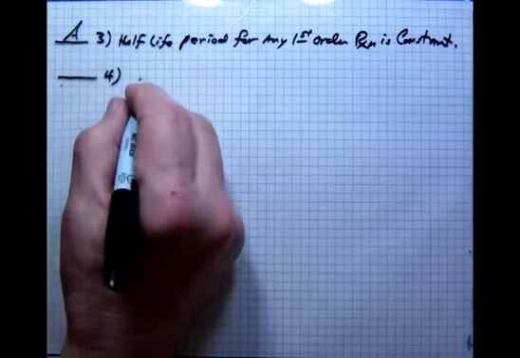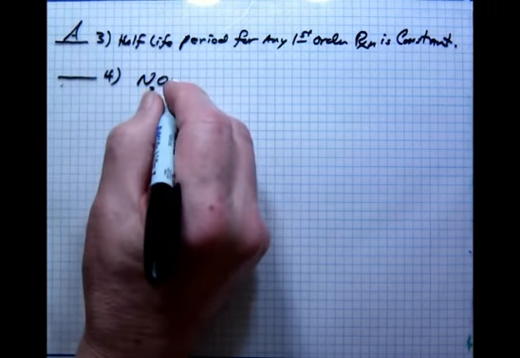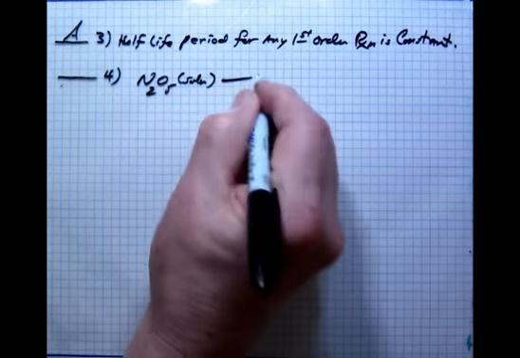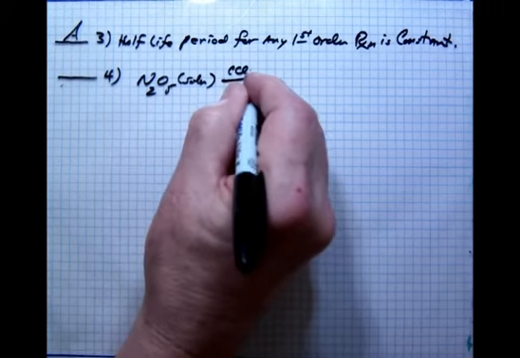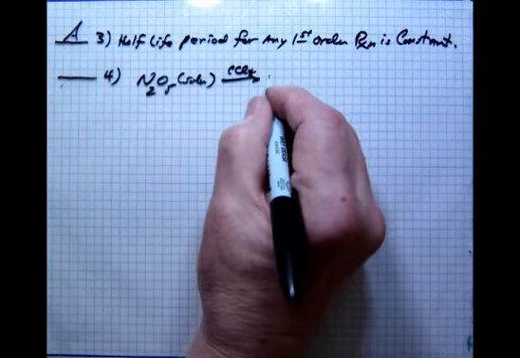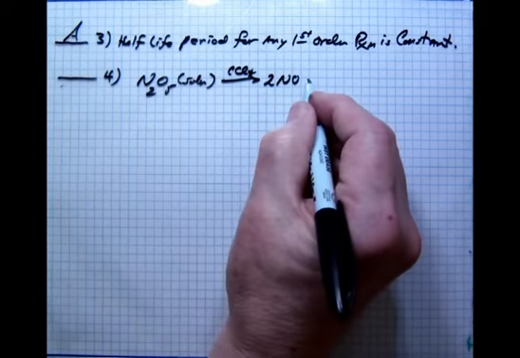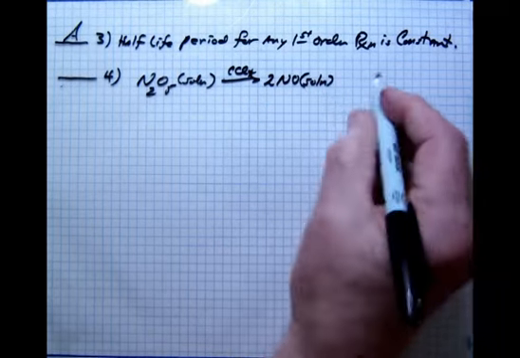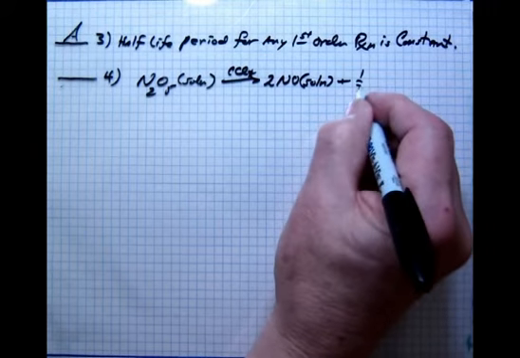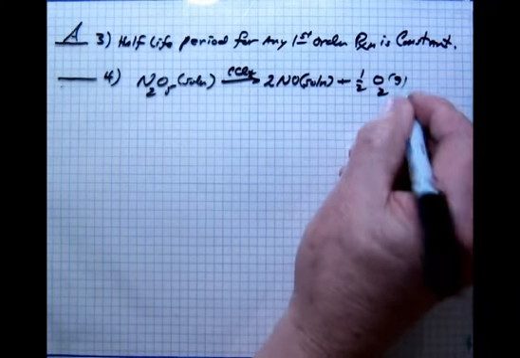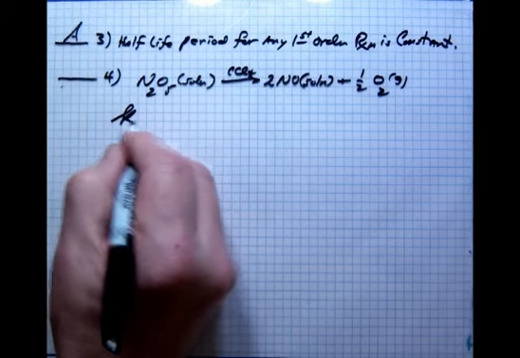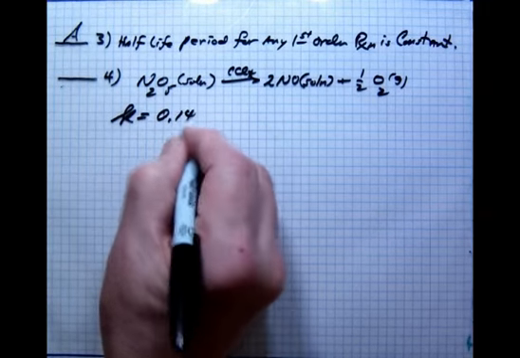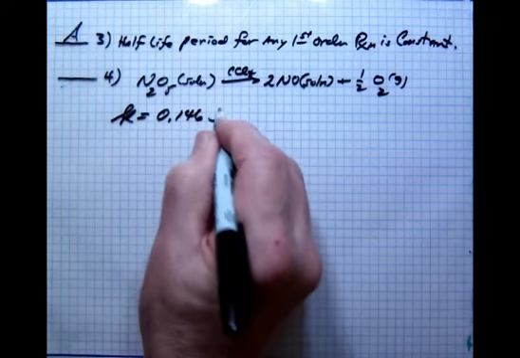So we get this dinitrogen pentoxide in a solution reaction going to 2NO also in solution, and gives off half mole of O2 gas in the process, and its K value is identified as 0.146 seconds to the -1.